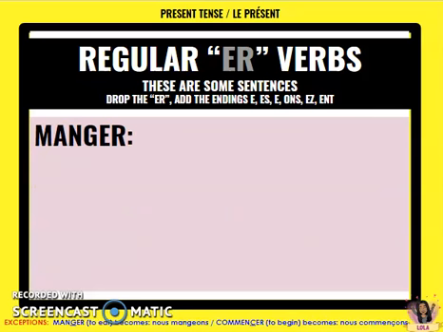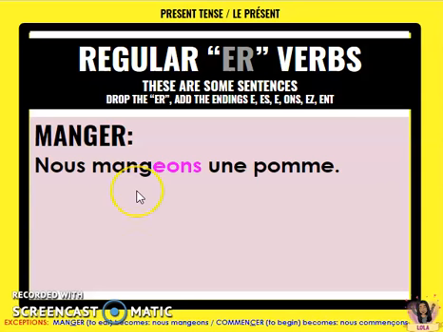Now we have the verb manger, and it's a regular ER verb, but there is an exception to this. So we're going to take a look at it right now. So here we have nous mangeons une pomme. Now you will notice that I've asked you before to take off the ER, and with nous you're supposed to have ONS, but here it says EONS, and that's just a rule in French.